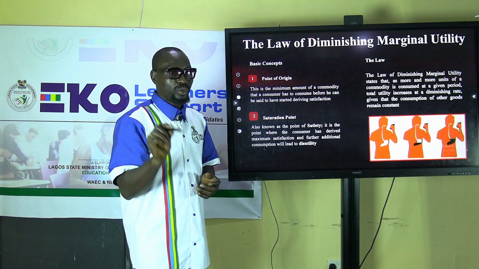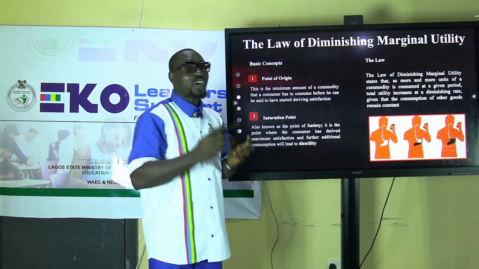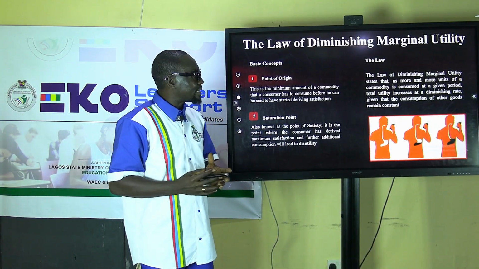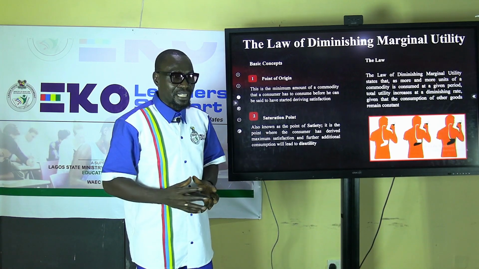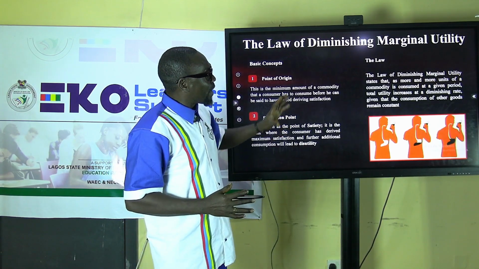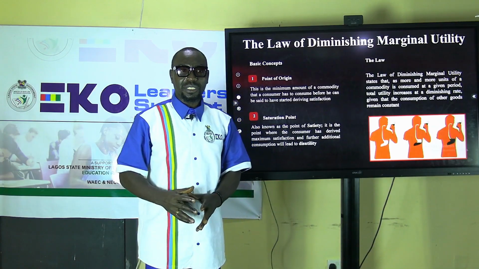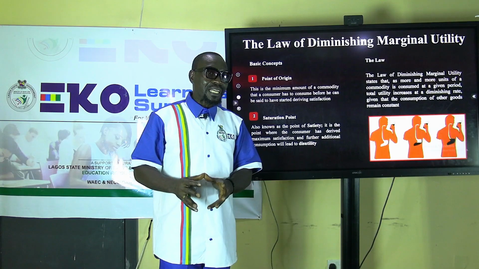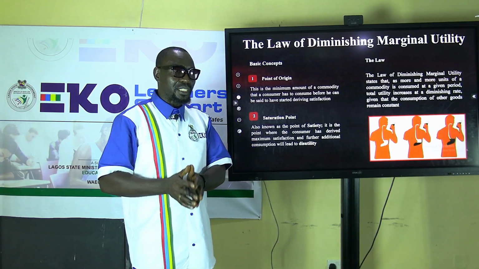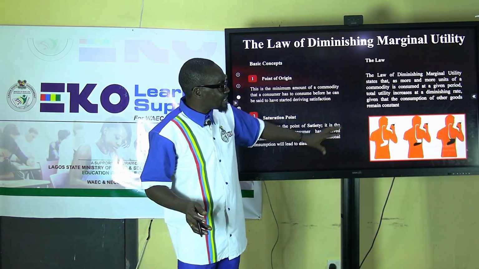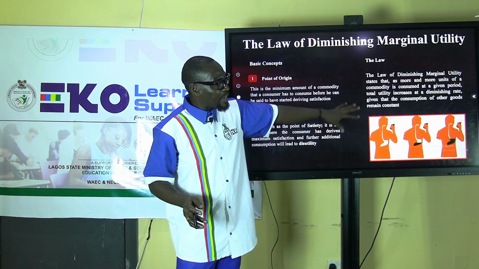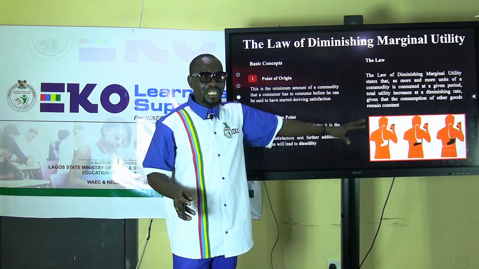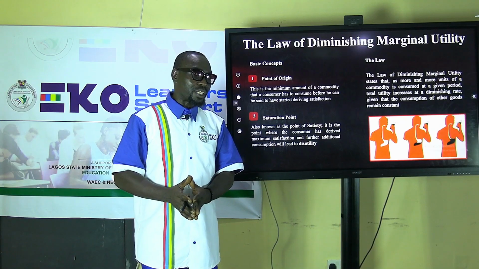Note too that in economics, because it is a behavioral science, it is not exact. Therefore, when we postulate these laws, they are postulated considering that all other external factors are constant, they don't change, because there can be certain factors that will affect this law such that it will not hold, and then you would say, oh, that law doesn't hold.